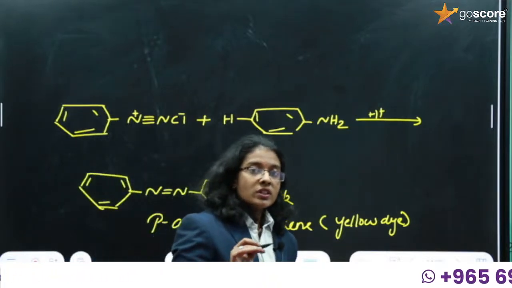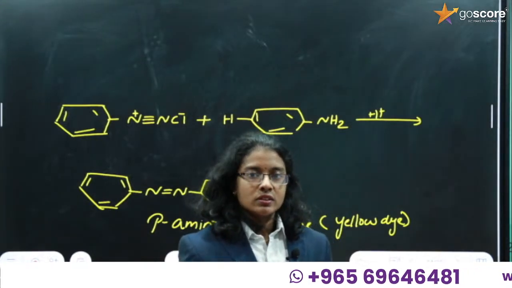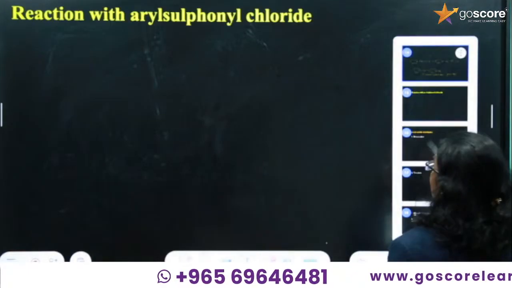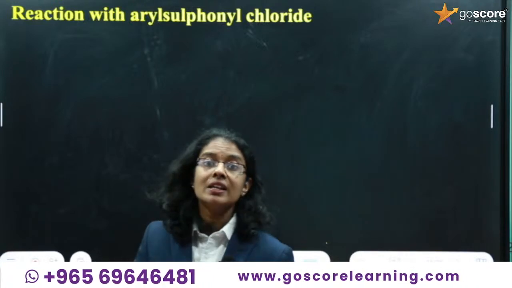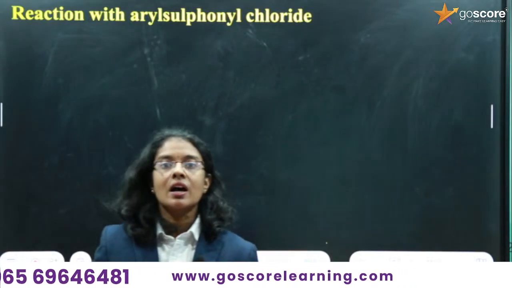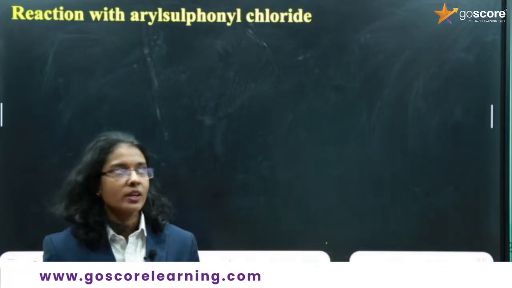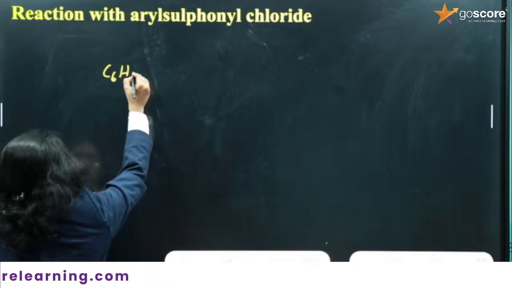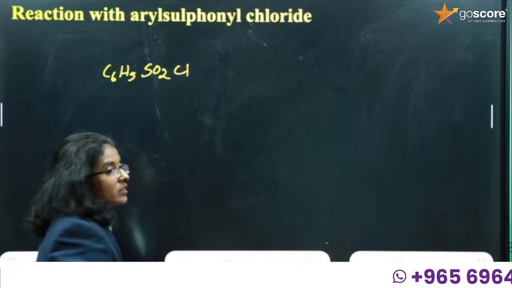Now I want to distinguish whether the compound contains primary, secondary, or tertiary amine. The next test for distinguishing primary, secondary, tertiary amine is reaction with aryl sulfonyl chloride, that is benzene sulfonyl chloride, C6H5SO2Cl.